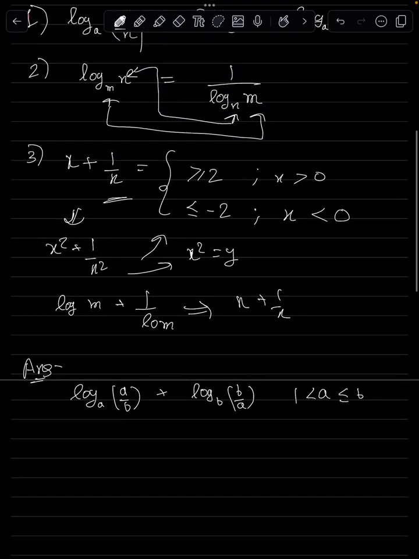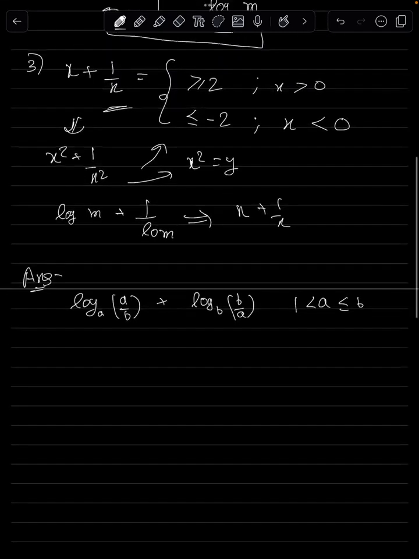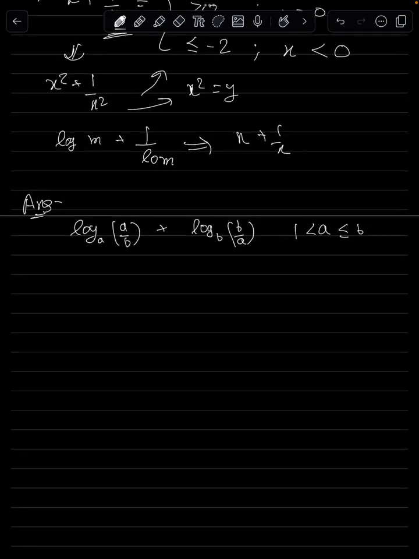So using the first property, we can write this as a simple equation: log base a of a minus log base a of b plus log base b of b minus log base b of a.